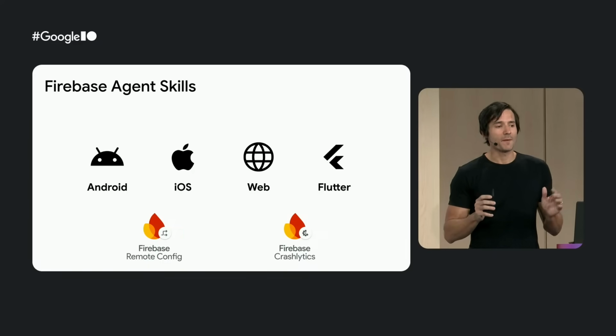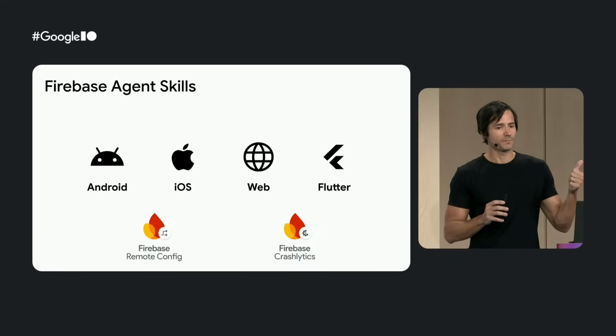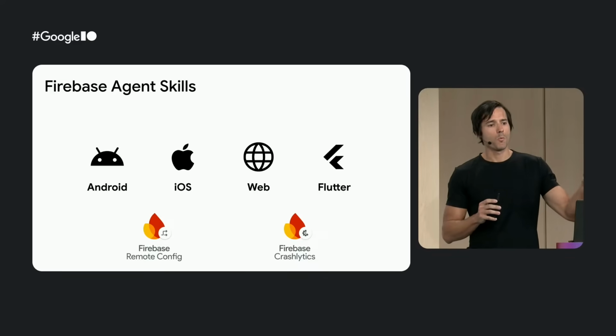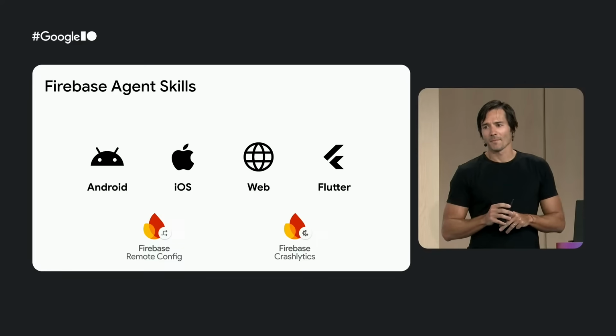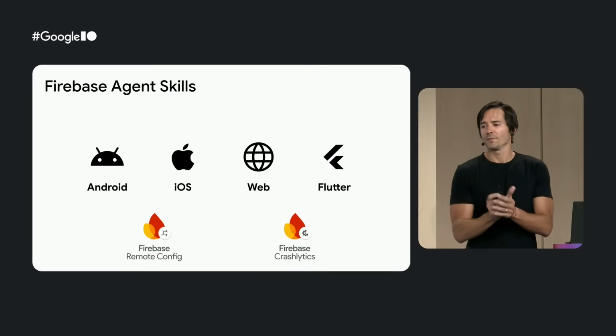Today, I'm excited to announce that Firebase agent skills are now available for Android, iOS, web, and Flutter. Woo! And we are also expanding the services supported. Now Firebase agent skills support Crashlytics and Remote Config as well. Let's give it up. Let's give it applause.